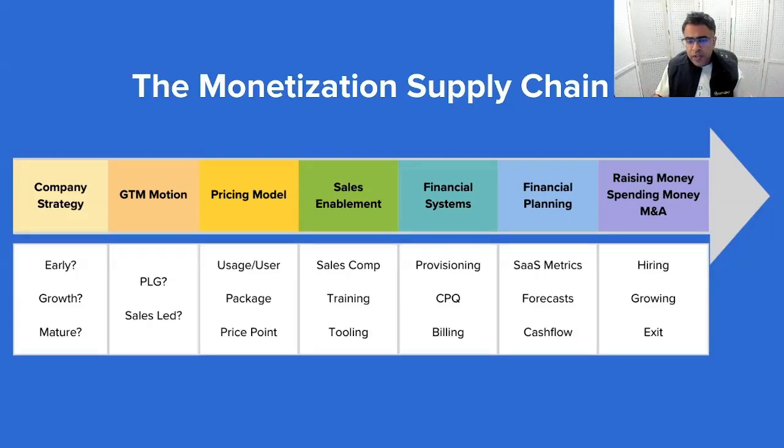And that will in turn inform what go-to-market motion you have, what sort of segments you attempt to go after. So the company strategy and stage is then followed by the GTM motion that is appropriate for that stage. It could be product-led growth, could be sales-led, could be a mix.